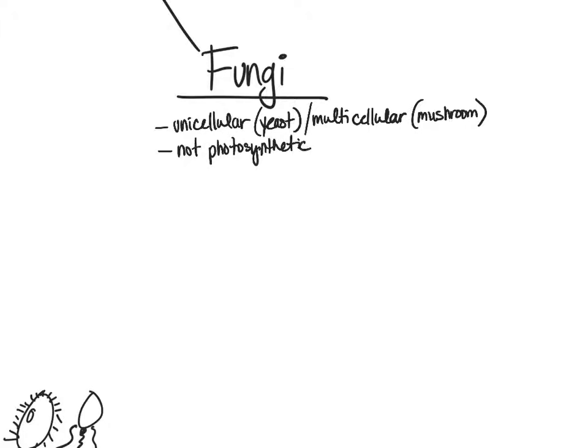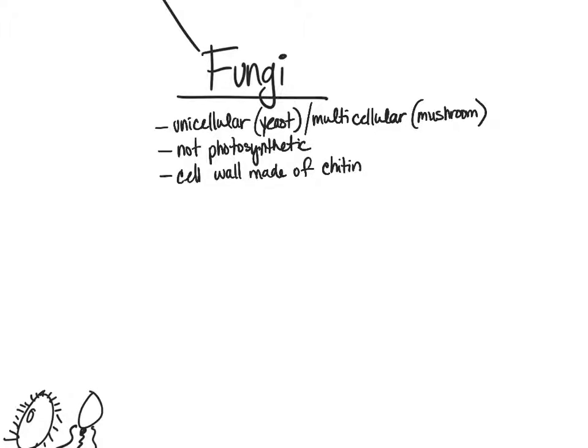Whether we're talking about a mushroom or a yeast or any other type of fungi, they're not photosynthetic. And then the cell walls of fungi are made of chitin. And chitin is another type of carbohydrate. So it's structured differently than our cellulose.